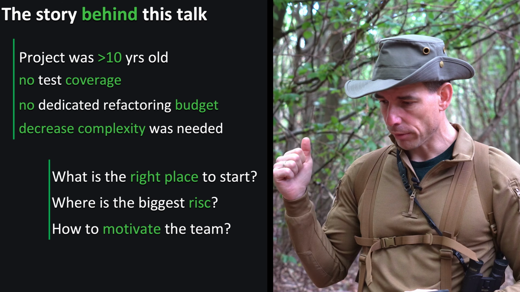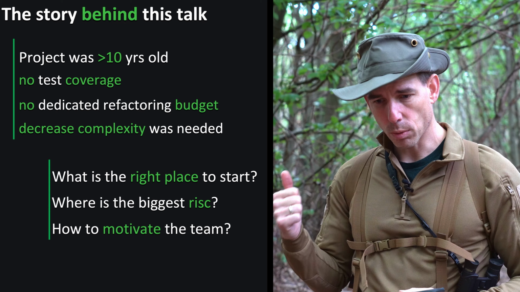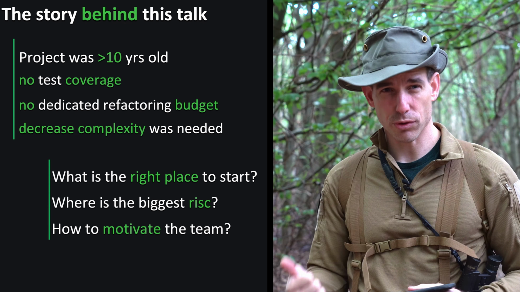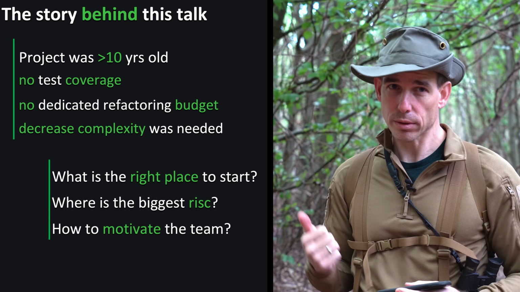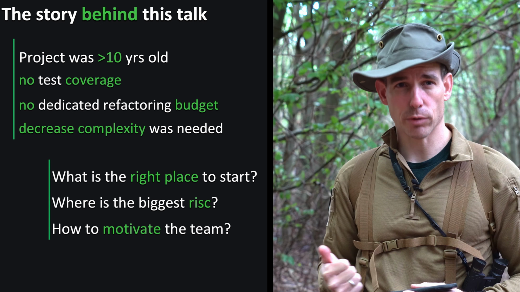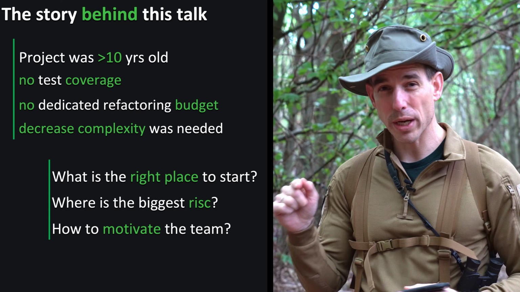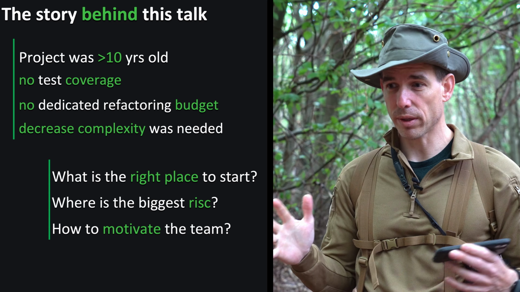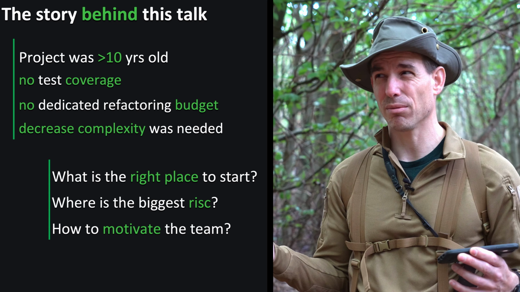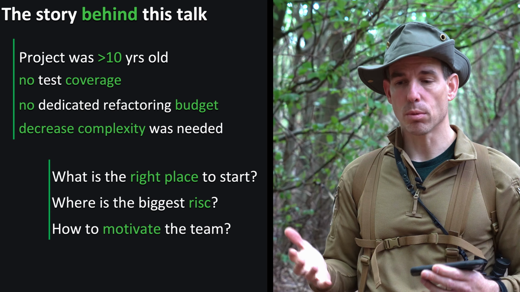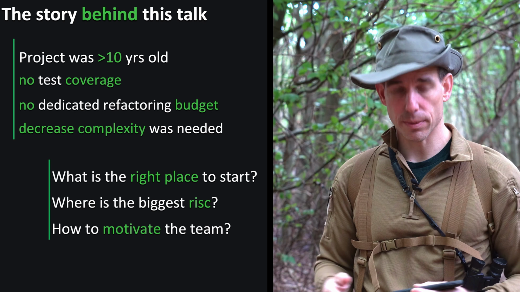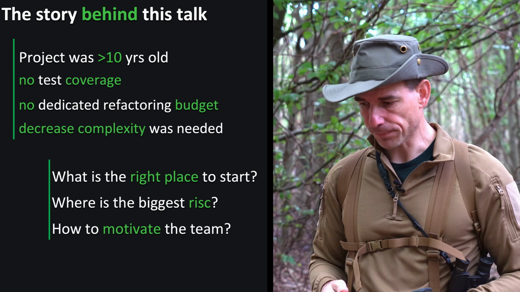So for me the question was, how to start, and what's the best place to start cleaning up and prepare for the next generation of this product. The next thing was how to find out where the biggest risk is in these hundreds of thousands, or I think even a million lines of code. So where's a risky place, and how to motivate the team.